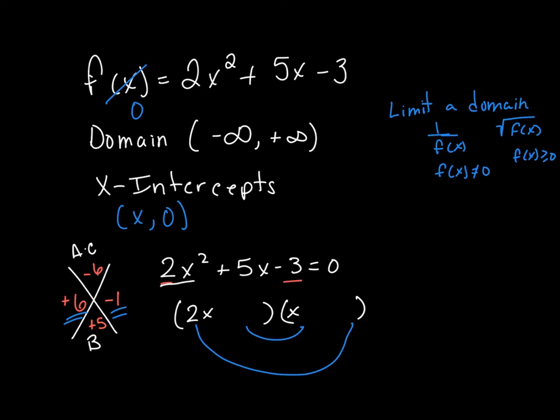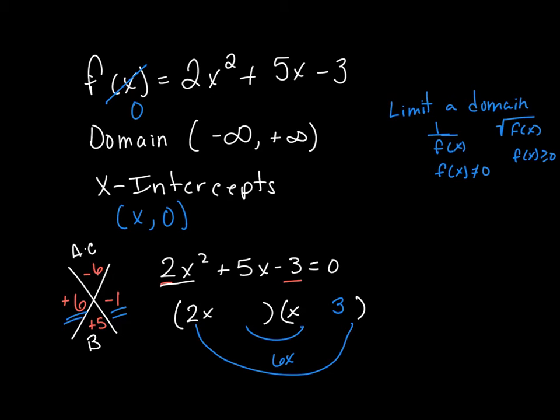So as I'm looking at this, I'm asking myself, 2x times what will either equal 6 or negative 1. Well, I need that to equal a 3. And when I do that, this outside term is 6x.